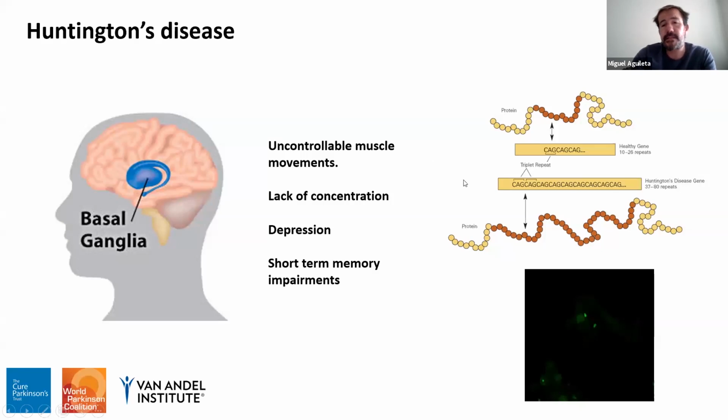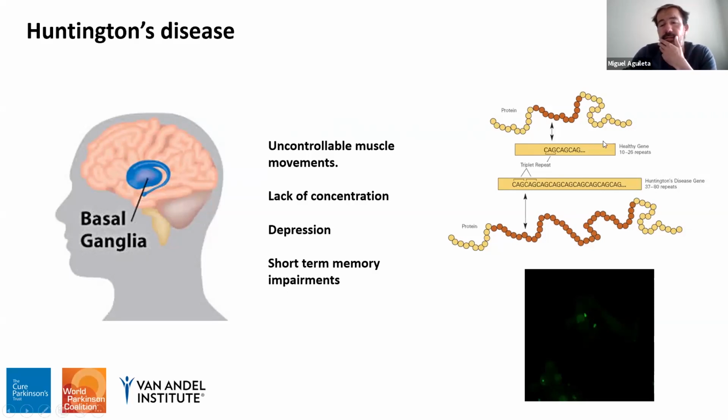The reason for this is a mutation in the gene that codes for Huntingtin, and this mutation causes it to encode glutamine and causes a polyglutamine tail in the amino terminus of Huntingtin.